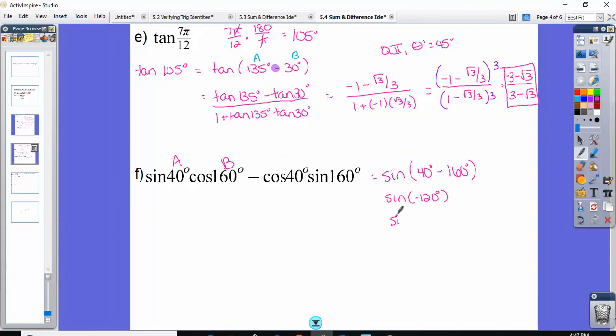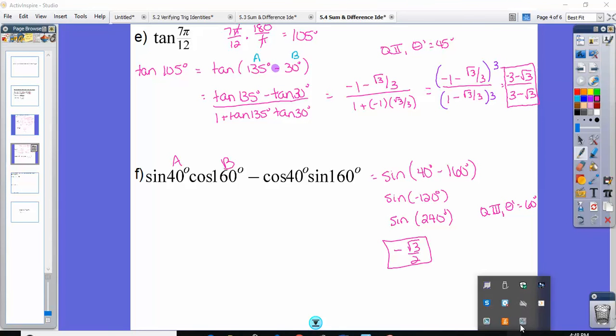We know if we have a negative angle, you could add 360 and get the coterminal. So 120 plus 360 is 240. That is quadrant 3. Reference angle 240 minus 180 is 60. Quadrant 3 sine is negative, and sine of 60 is radical 3 over 2.